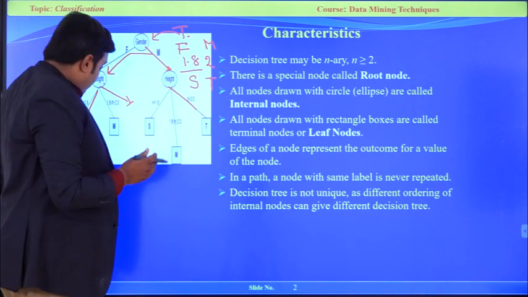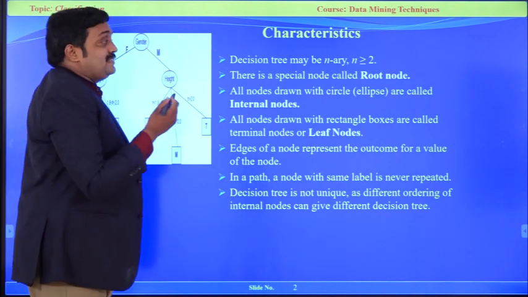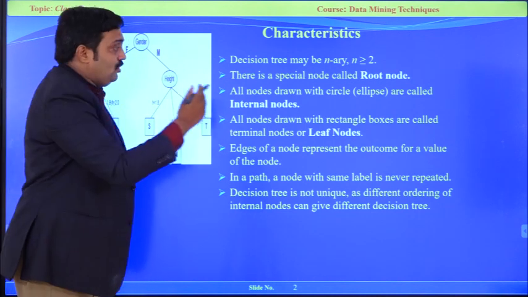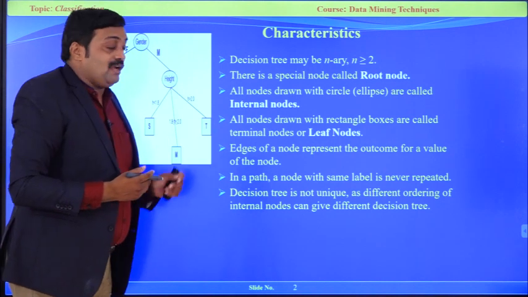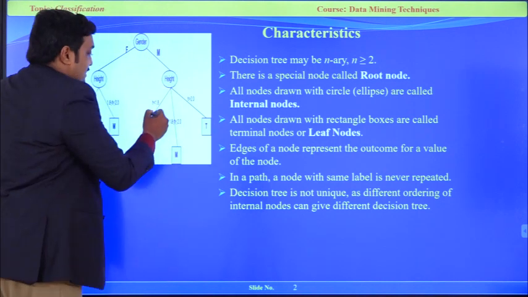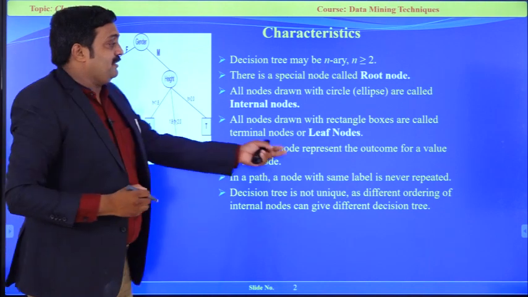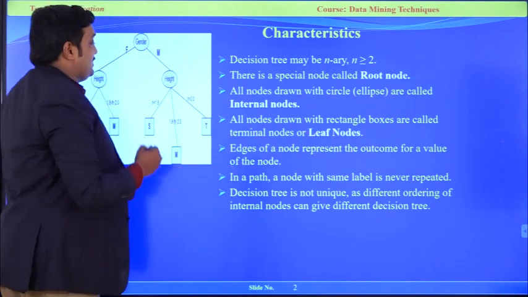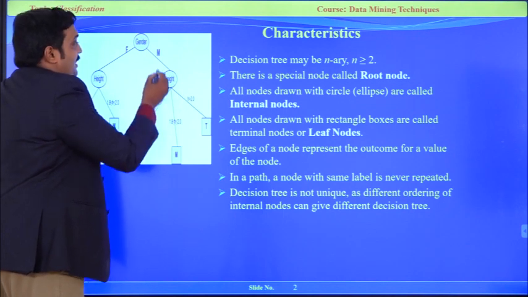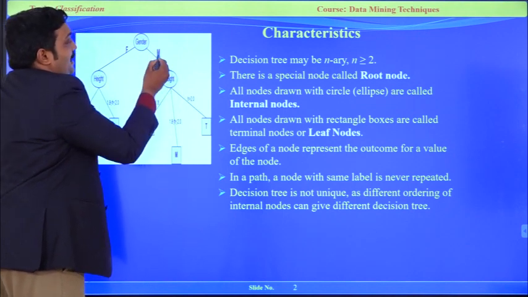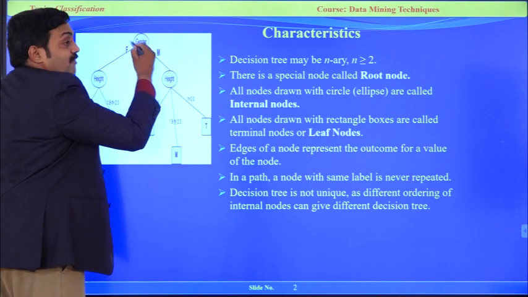Okay. So here the important parts are the root node, internal node and leaf node, and the edges of the nodes. Each edge represents the outcome of the value, that is, here the edge shows male, and here the edge shows female.